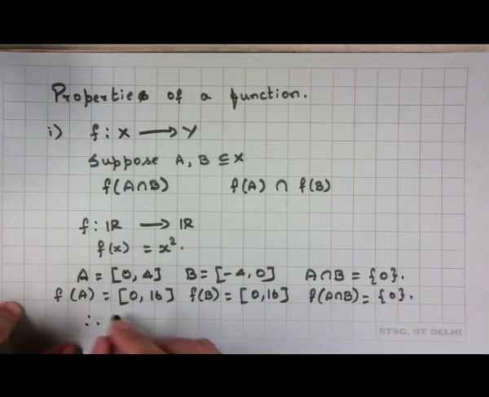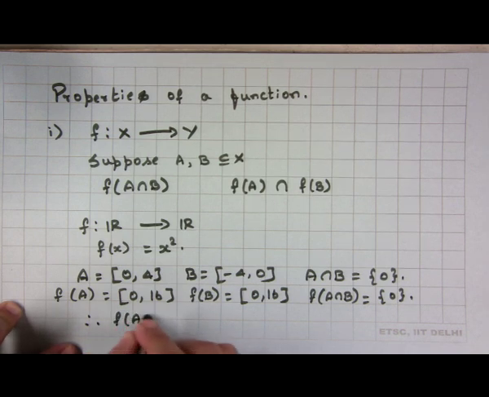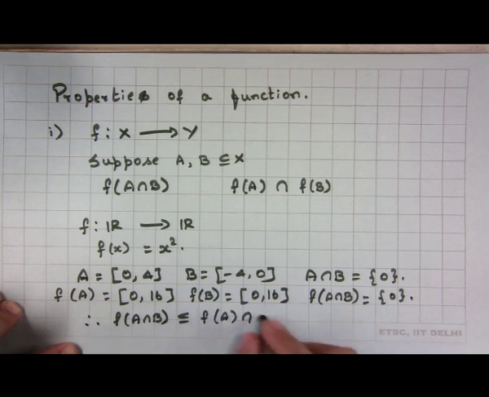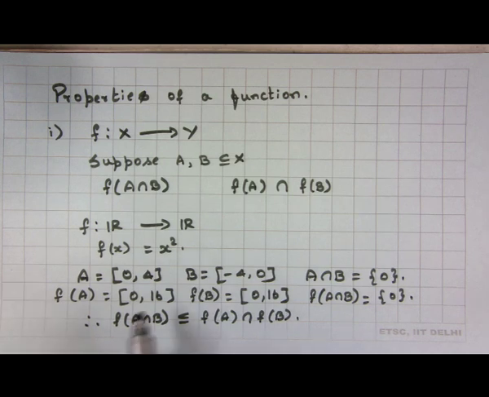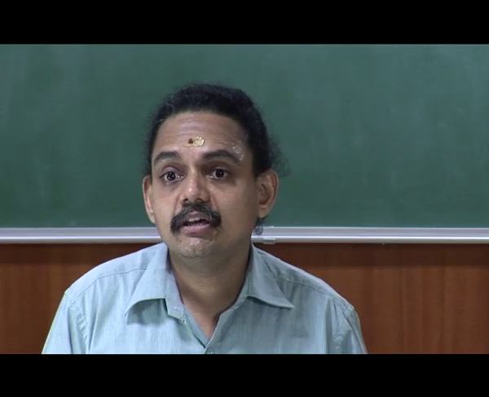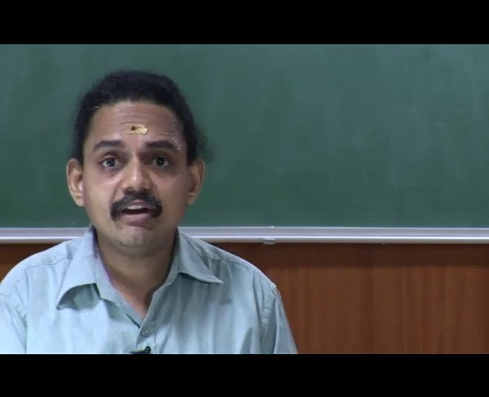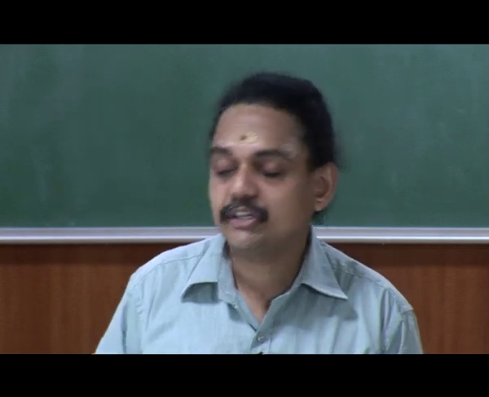Therefore, f of A intersection B is contained in f of A intersection f of B, which in this case is exactly 0, 16. Now, is it always the case that f of A intersection B is contained in f of A intersection f of B whenever A and B are subsets of X?